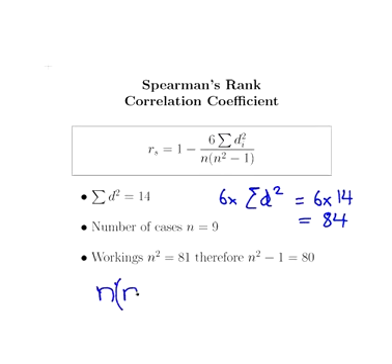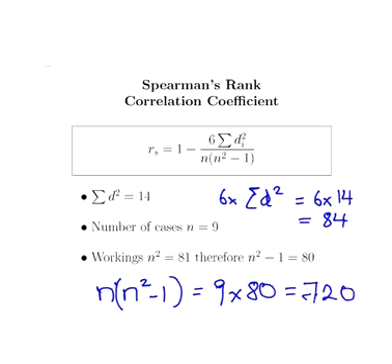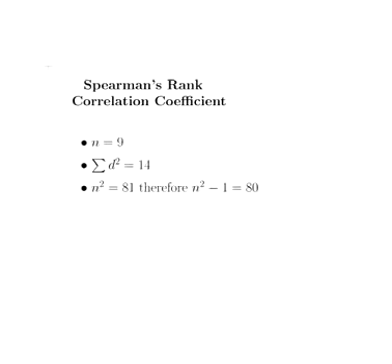N times N squared minus 1, that's 9 times 80, that's 720. So that's actually most of the calculation carried out. All I have to do now is finish it off.